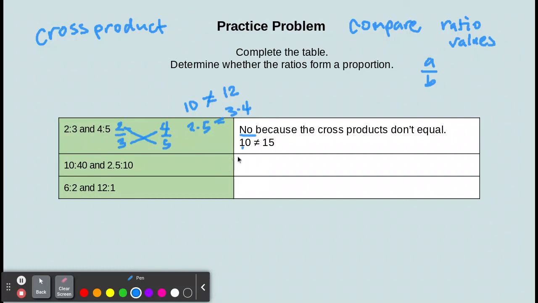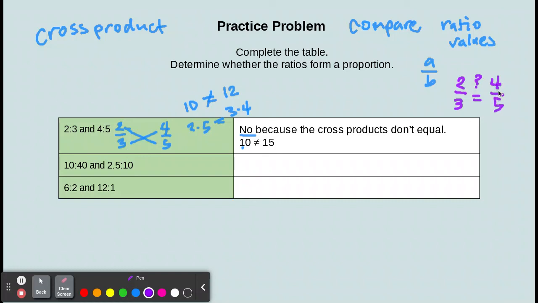But what if we wanted to compare our ratio values instead of doing the cross product? The ratio value, remember, is simply the top number over the bottom number. Does that equal, let's see, what's our second one? The top number over the bottom number.